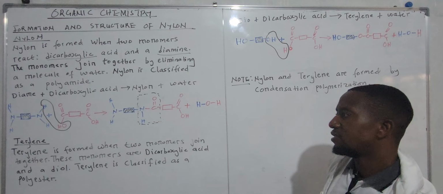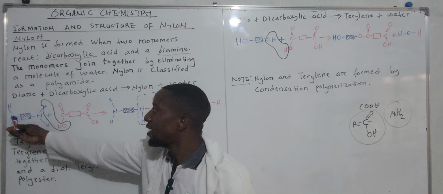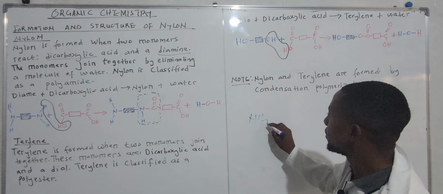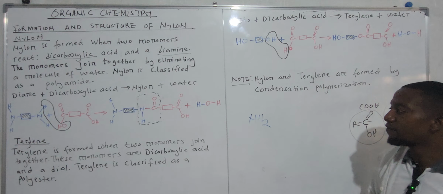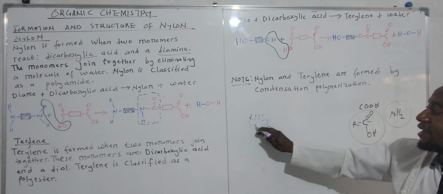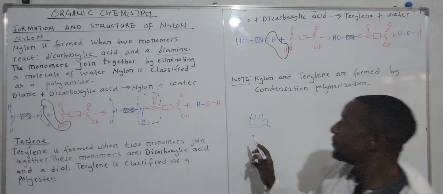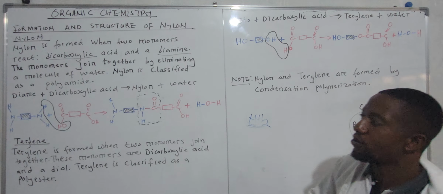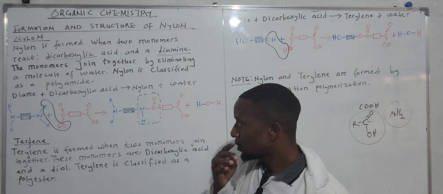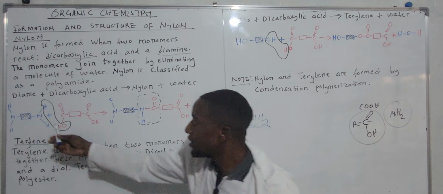Structure-wise, we have this. Remember, an amine group is like this, coming from the amino acids breaking down. It has nitrogen and two hydrogens, and since there are two amine groups, there is another one here.